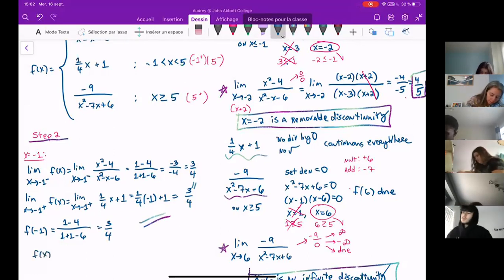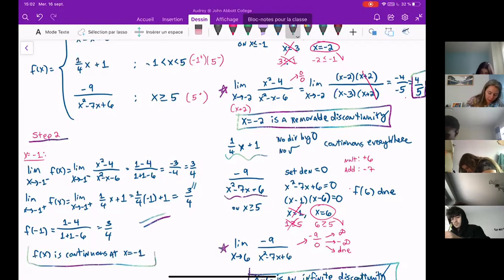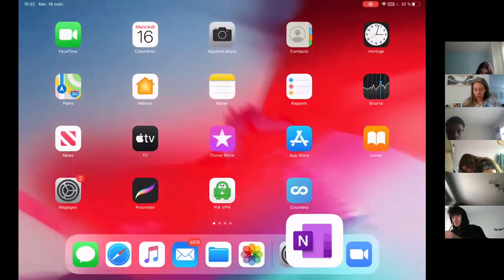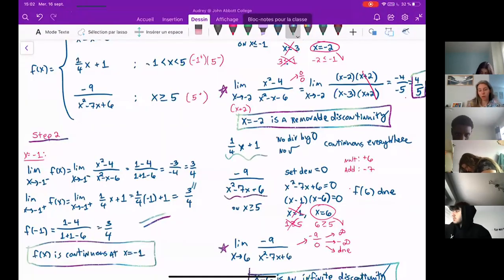So f of x is continuous at x equals -1. So this technically isn't part of the answer. That said, we had to check -1 because it was a breakpoint, and we found out that it was continuous there. So that doesn't mean it's not continuous in lots of other places. It just means that that particular breakpoint didn't cause a discontinuity when it had the possibility of doing so, right?